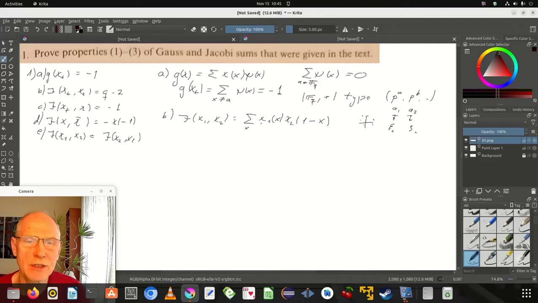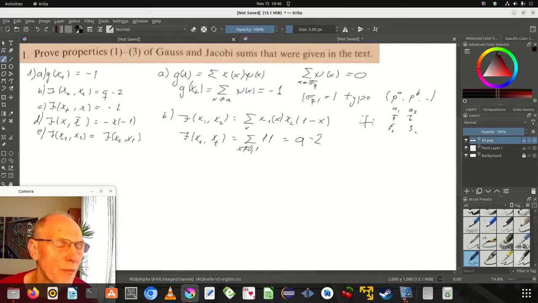So there are just two places where it gives naught. That should be a sum sign. And there are q altogether, and we take 2 away, so that's really trivial.